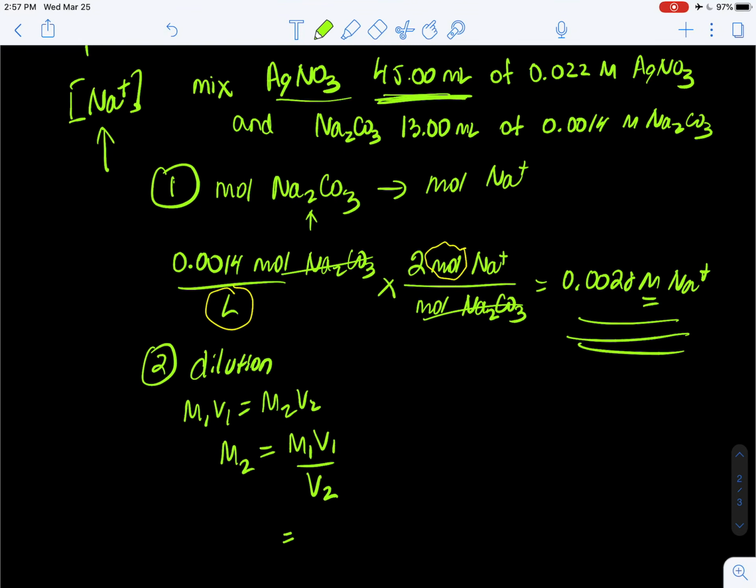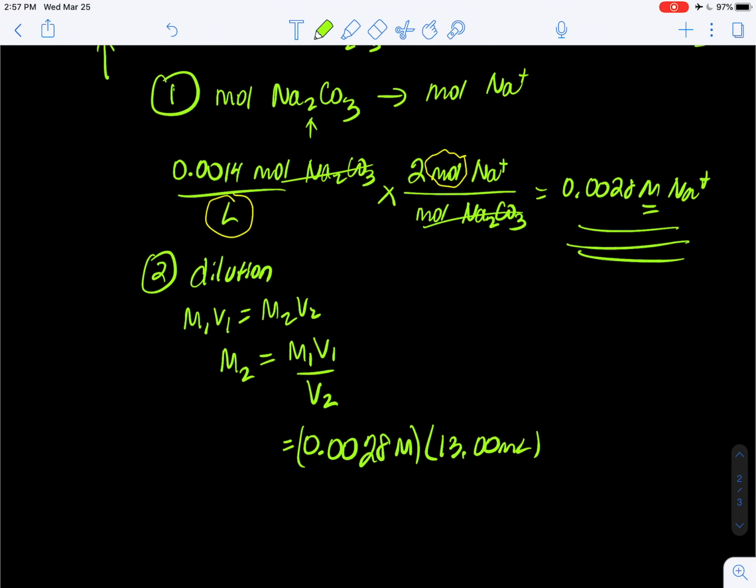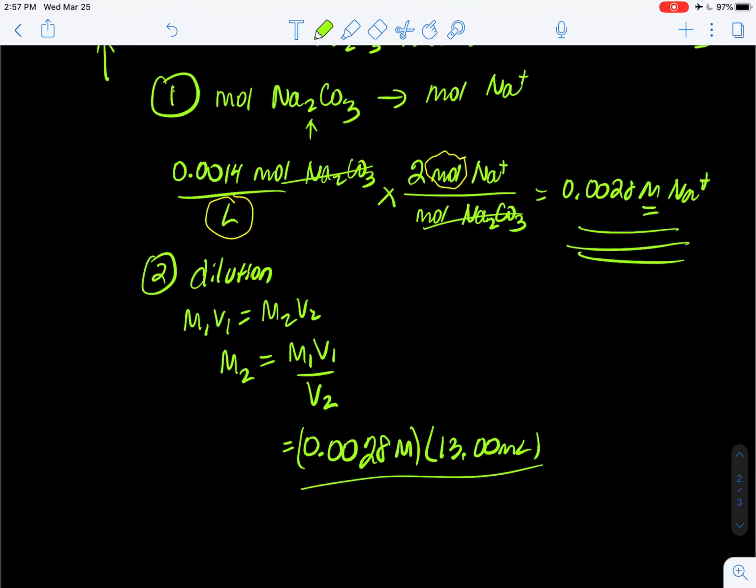So the initial molarity here is 0.0028, which we just calculated. The volume of this sodium carbonate is 13 milliliters. And I'm going to divide that by the 45 plus 13. Okay. Milliliters cancels, and you're left with molarity in the final answer there.